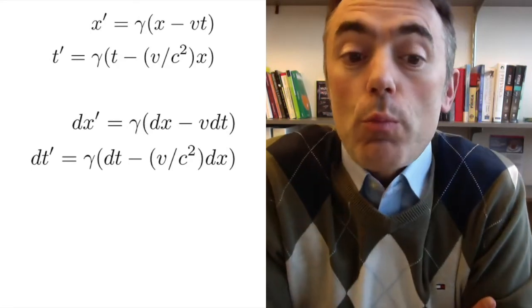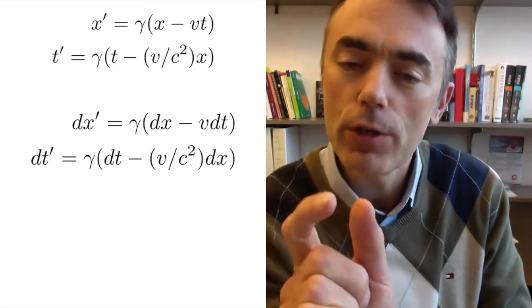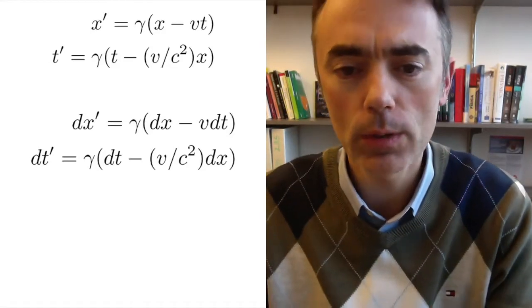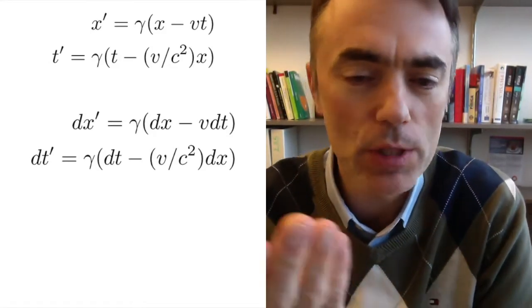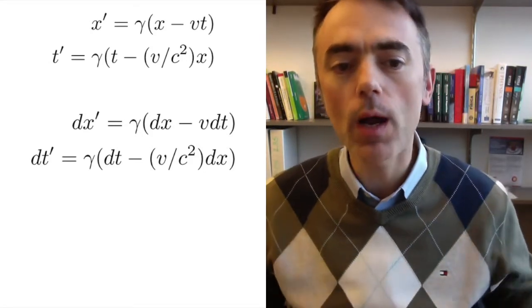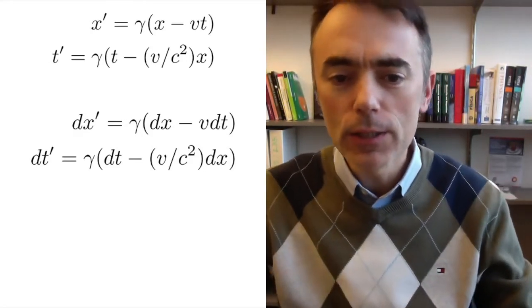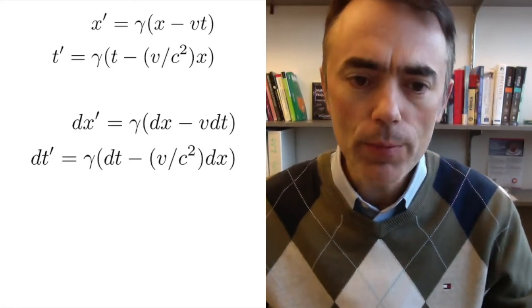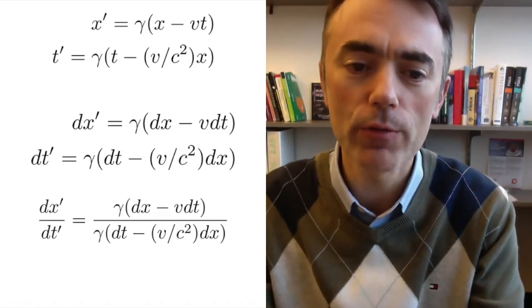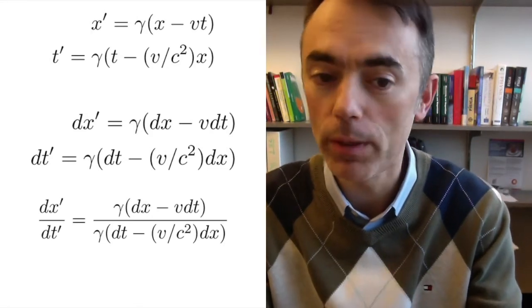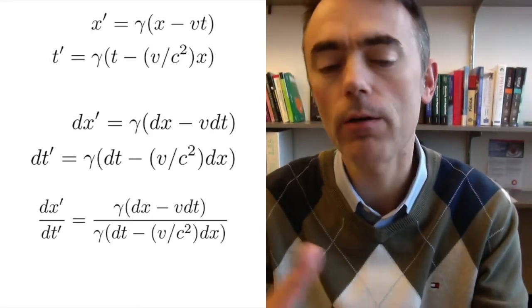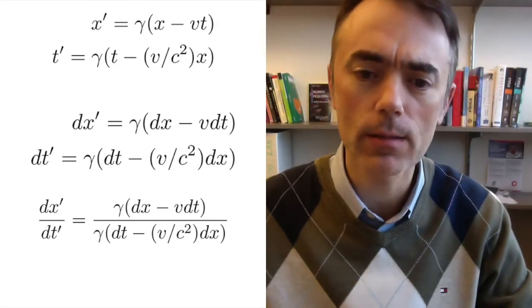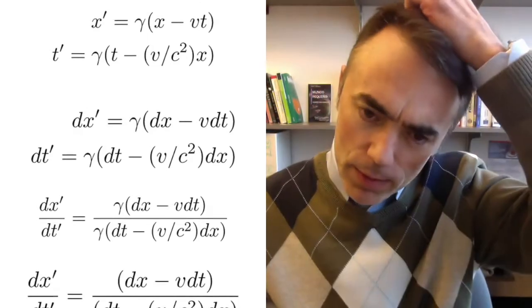the position dx prime, and then we calculate the differential of time dt prime, and we use the Lorentz equations to calculate that. In this case, dx prime is gamma times (dx minus v dt), and dt prime is gamma times (dt minus v over c squared dx). From here, we just divide dx prime over dt prime. On the left-hand side, that will be the velocity from the train, and on the other side we have a little bit more complicated expression, but we can cancel the gammas, and we get this other expression here.